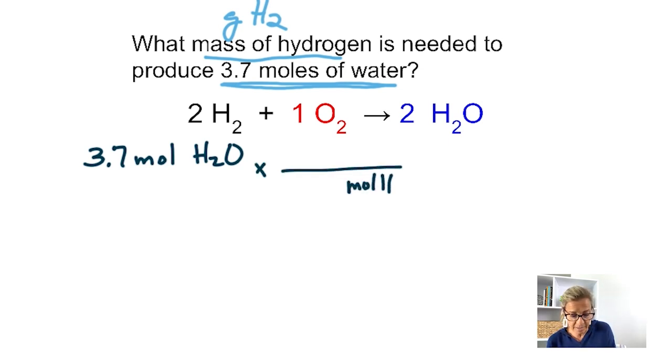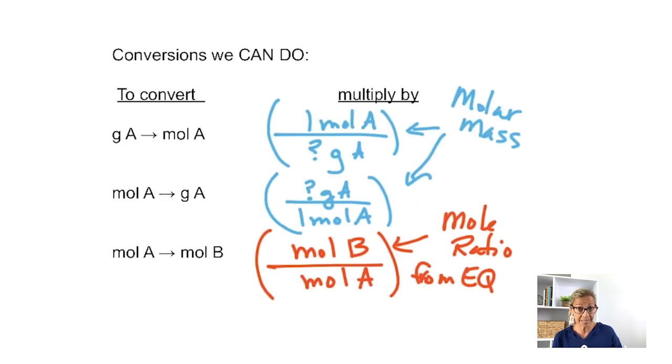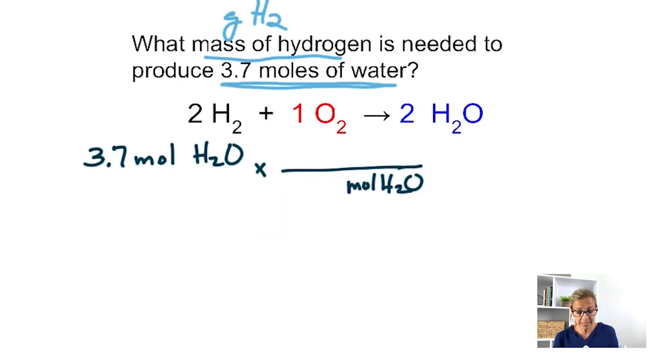Can I trade in moles of water for grams of hydrogen? I can't. I've got to go to a new substance, so I need to use a mole ratio. Okay, the mole ratio is the one that goes from one substance to another.